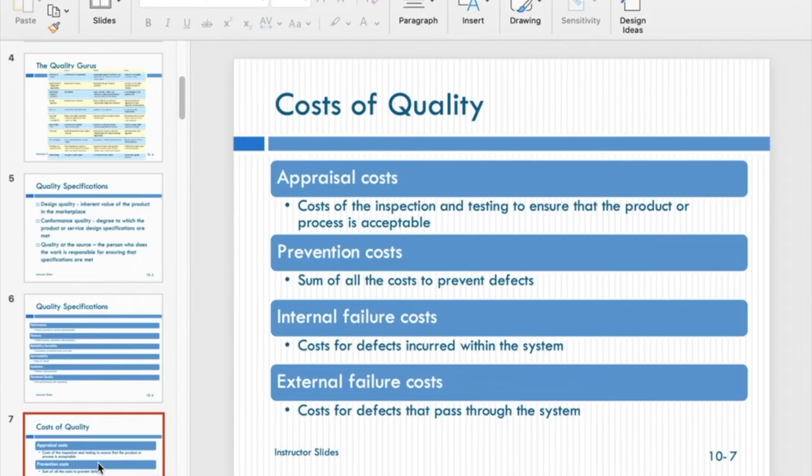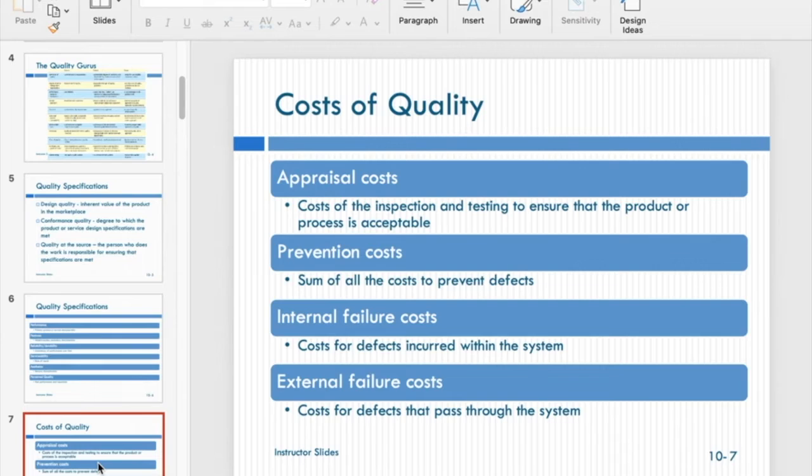But when we have defective things, it will include two different failure costs. The first one is called internal failure cost. This relates to the cost for defects incurred within the system, like the scrap, rework, and repair. Once we have these defective products, we have to scrap, rework, and repair, and it will incur internal failure cost.